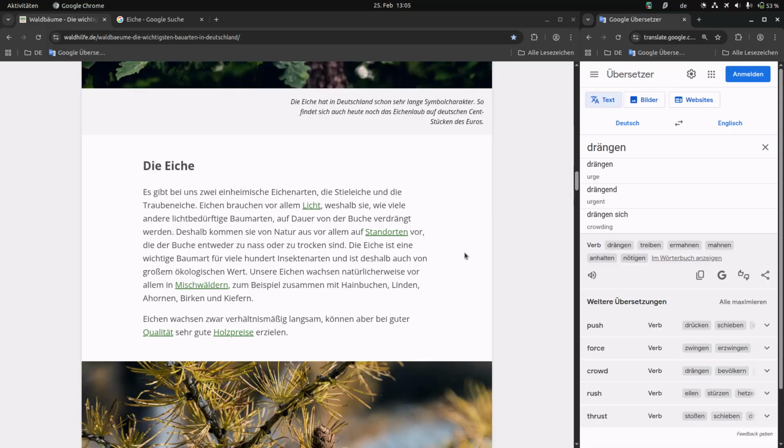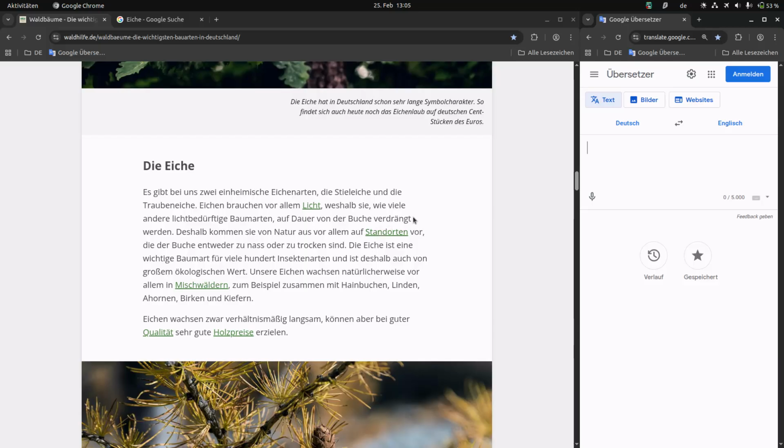I think we also had that in the previous episode. It means to urge someone. And verdrängt werden is also the passive form, to be urged out, basically.